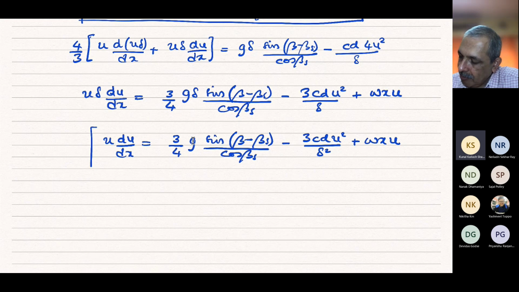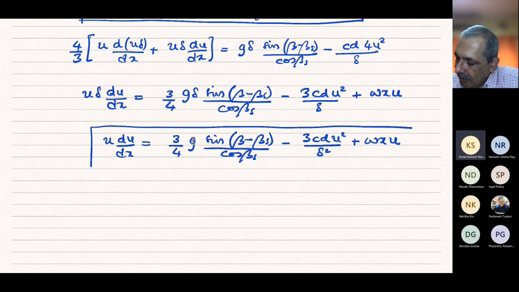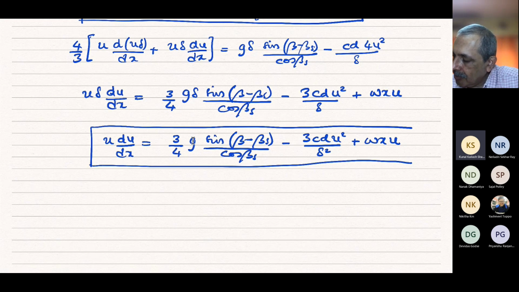So this is the momentum balance equation, and it's largely in terms of u. There's only one term that has delta in it. Everything else only depends on u.